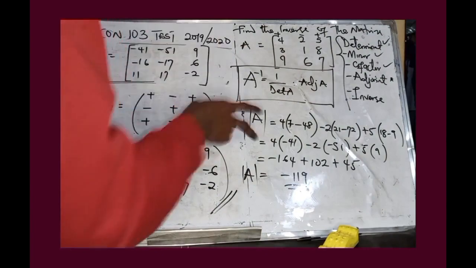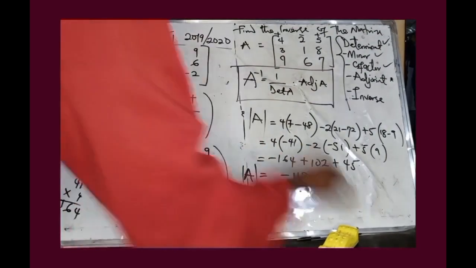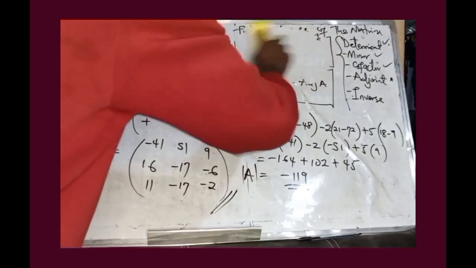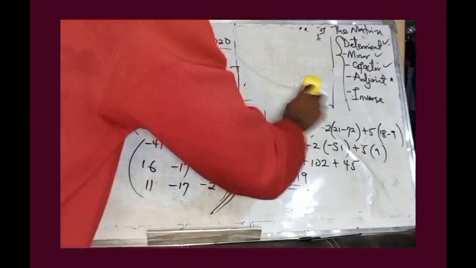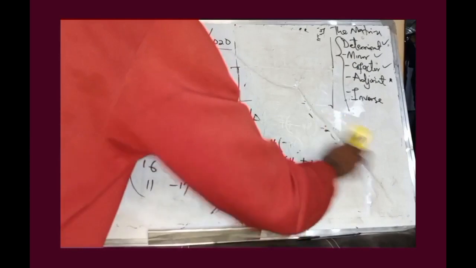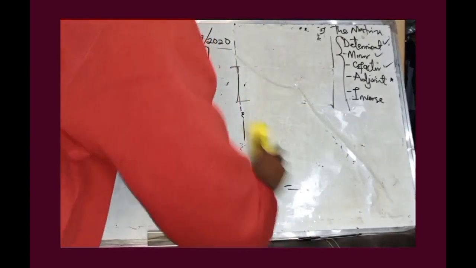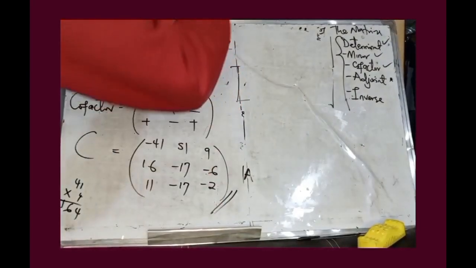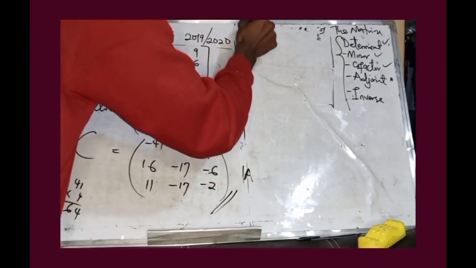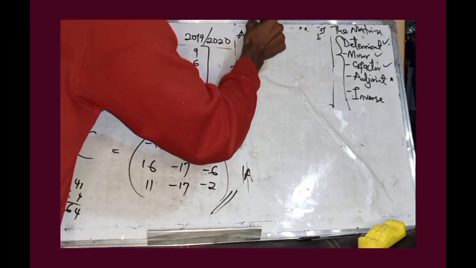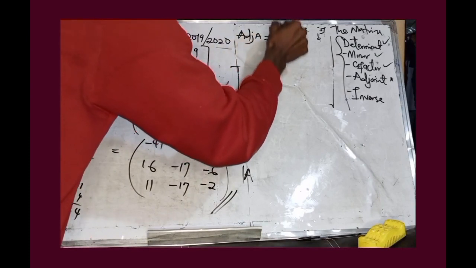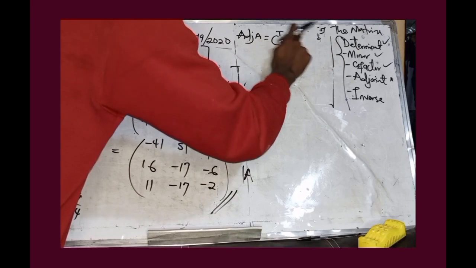How do we get the adjoint? Let me clean here. Before we finally get our inverse, let's obtain the value for the adjoint. Guys, I want you to know that the adjoint of A is equal to the transpose of the cofactor.